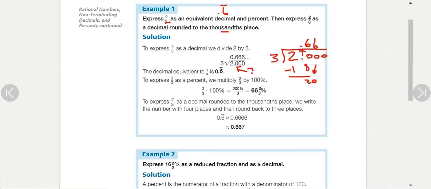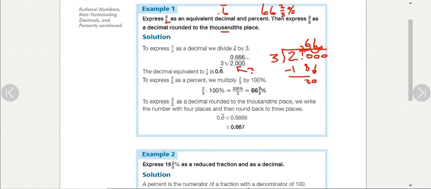Percent. All right, well then we need to move this, right, times 100. 66. And then they like to add the fraction remainder and then a percent sign.